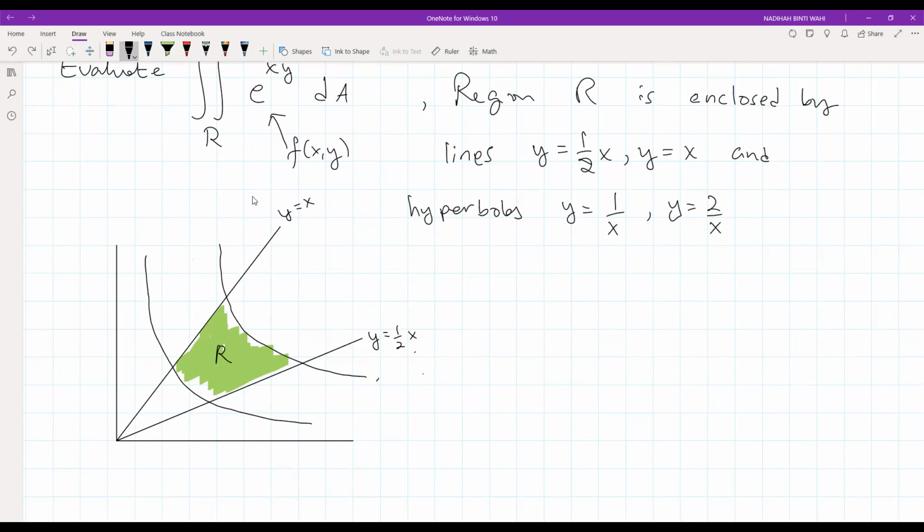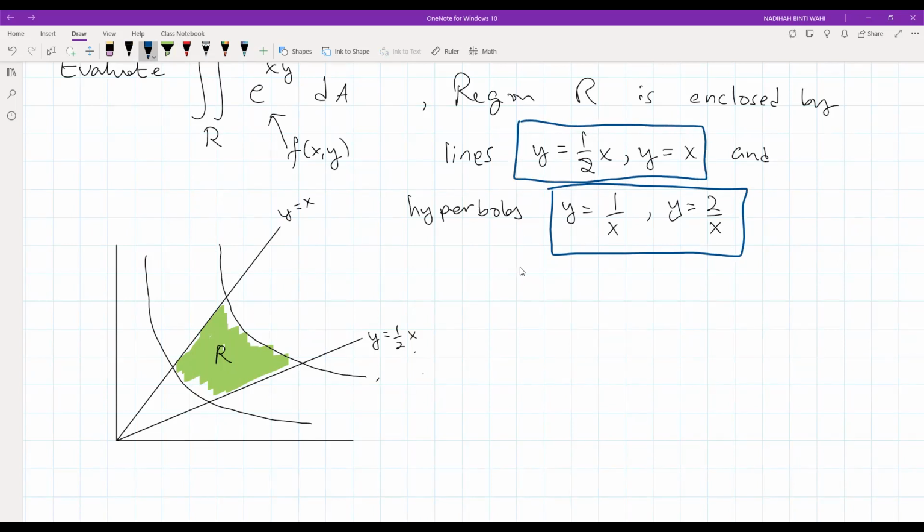Okay, so how to choose the change of variables? From these equations, I can do some manipulation so that the right-hand side is a constant.